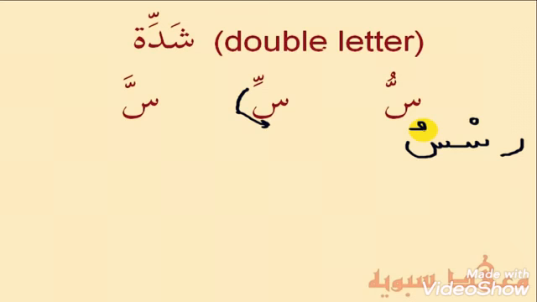Russu, russu. Now similarly, this is 2 seens as well. The sukoon is on the first, followed by the kasra on the second. So if you put the ra once again, it would be pronounced as rissi, rissi. Notice how I give emphasis to the seen.